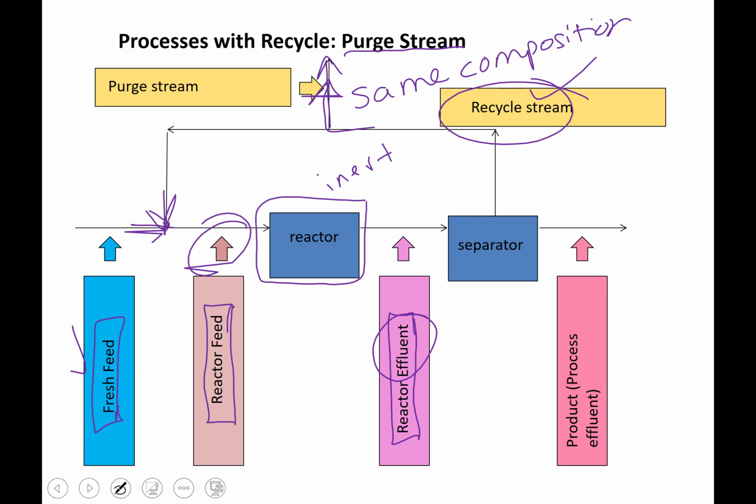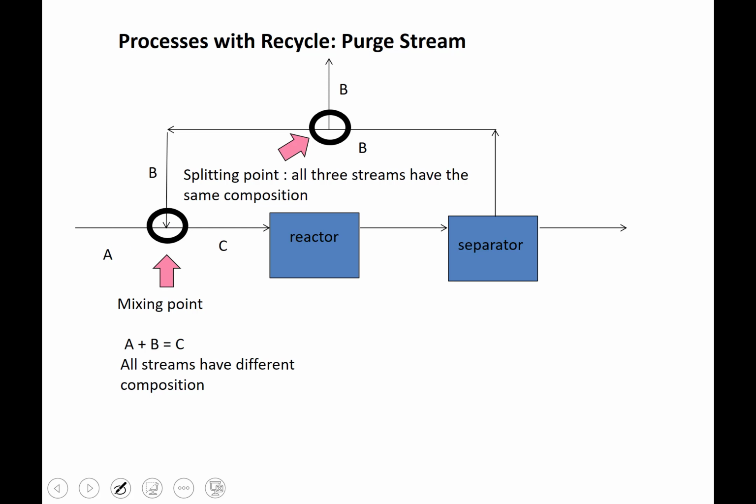And here we have process effluent coming out of the entire process. There's two kinds of points, and I'm going to identify them here. We have a mixing point where you have two streams going into one stream, and we have a splitting point here where you have one stream going into two streams.